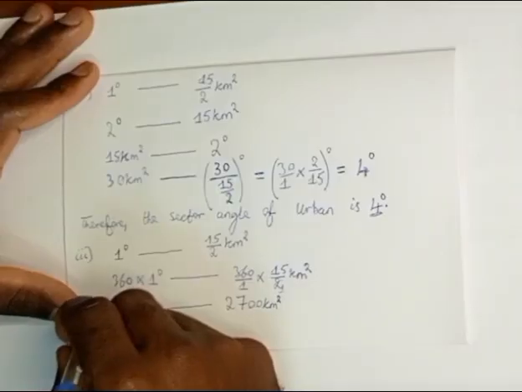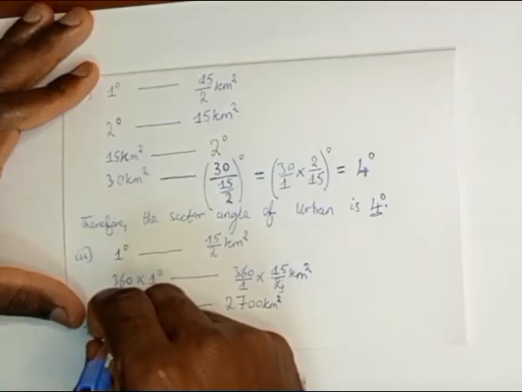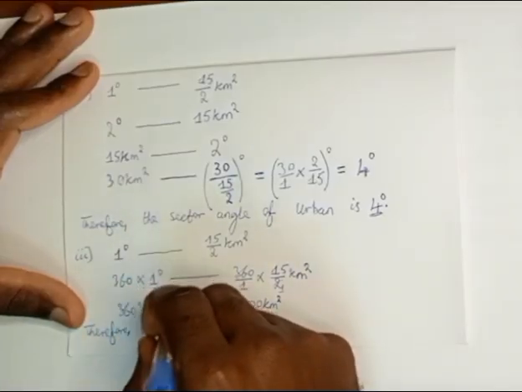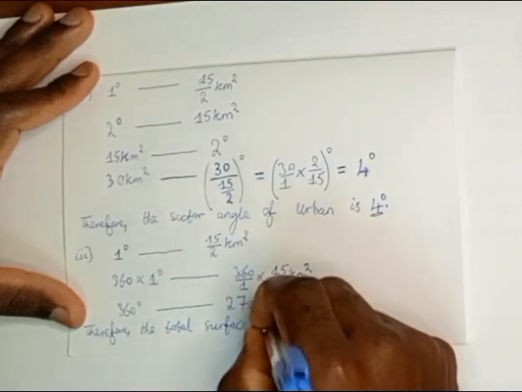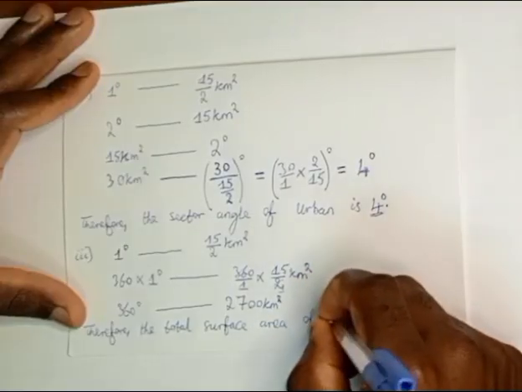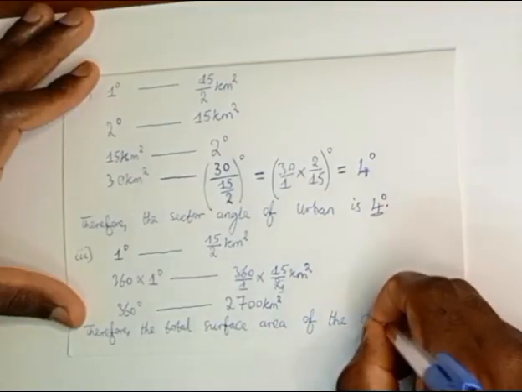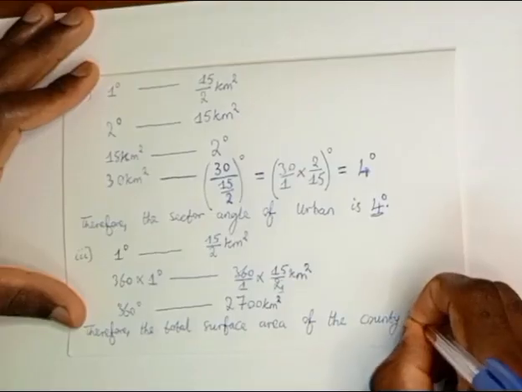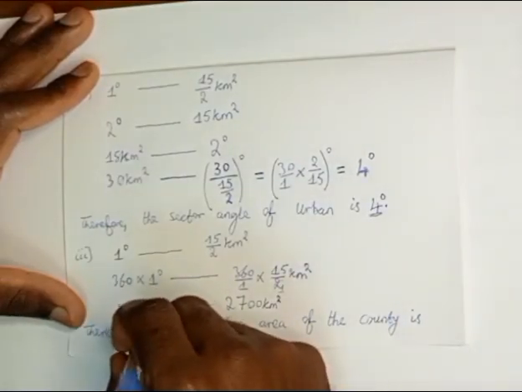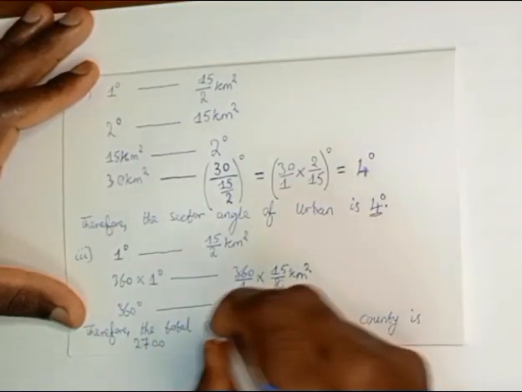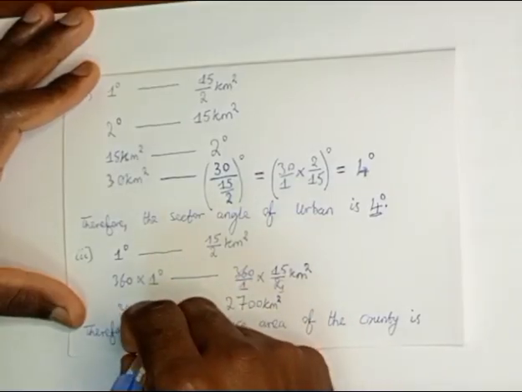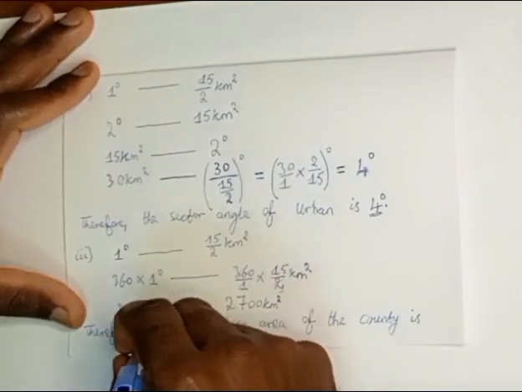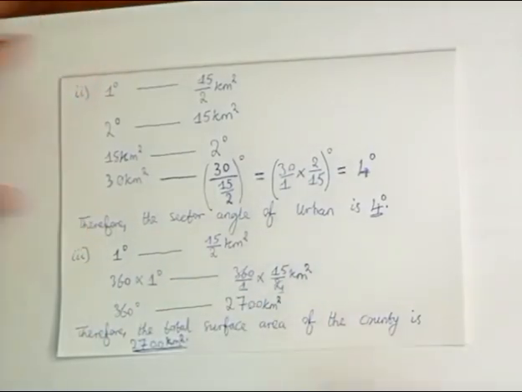Then we conclude, therefore, the total surface area of the county is 2,700 kilometers squared. We underline the answer. We are done with the solution of this question.